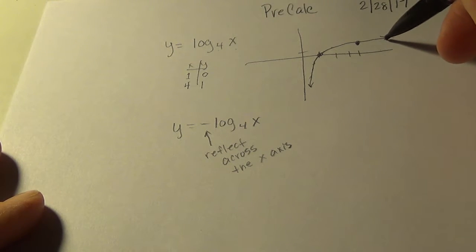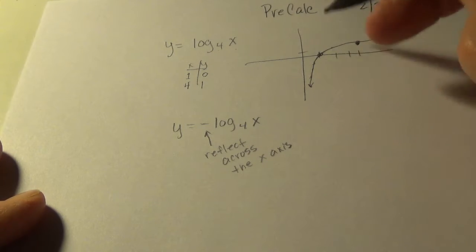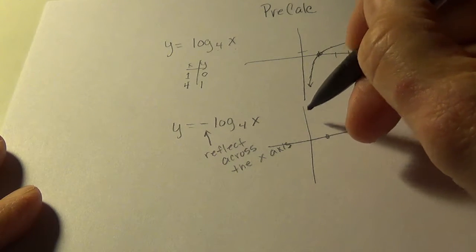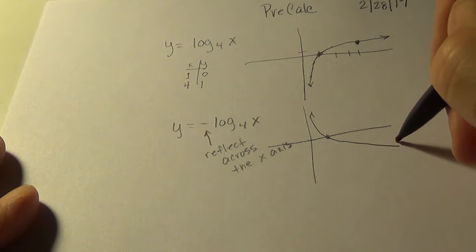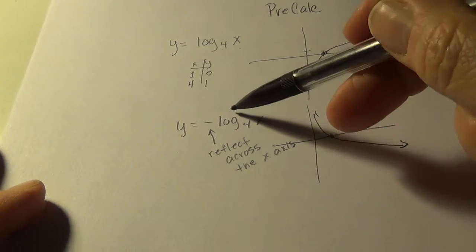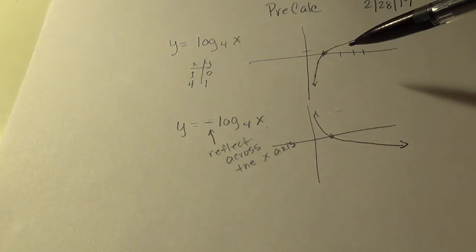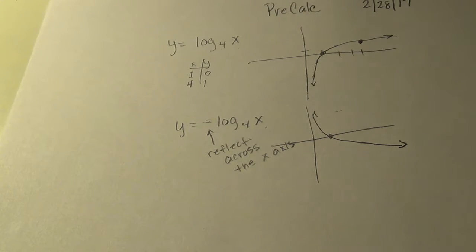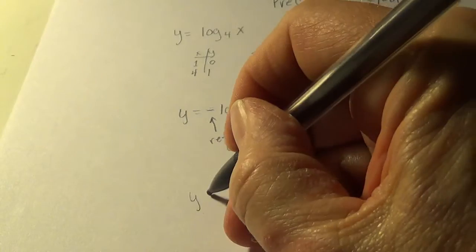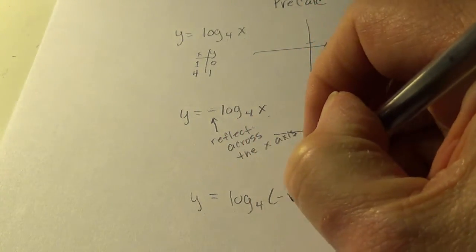So whatever was positive becomes negative, and whatever was negative becomes positive. So this graph is called the reflection of this graph. I reflected this around x, and almost everyone reflected this around y, and I would like to know why.